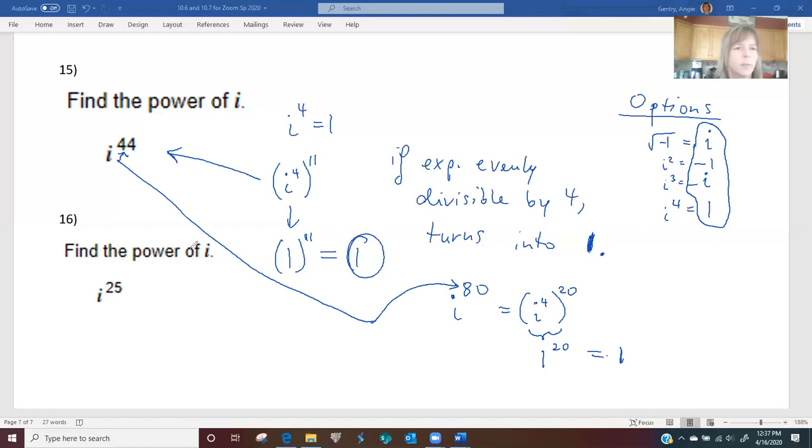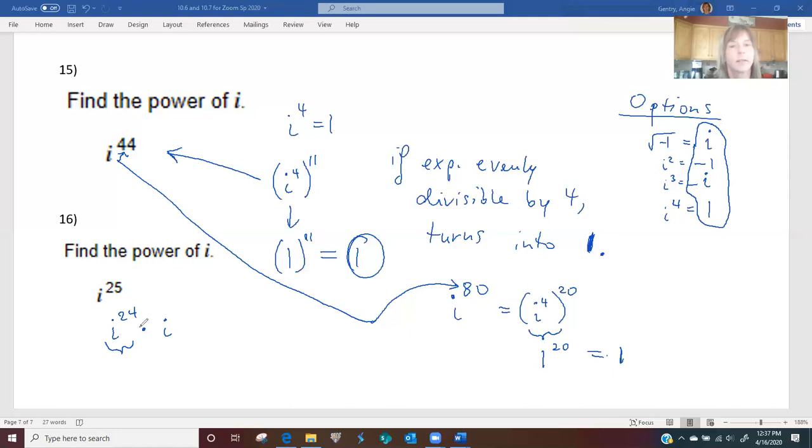What about this? Find the power of i to the 25th. Not evenly divisible by 4. Could I split it into something evenly divisible by 4? So I could say that's i to the 24th times what? i to the 24th times i is i to the 25th. i to the 24th, I'm going to say I memorized.